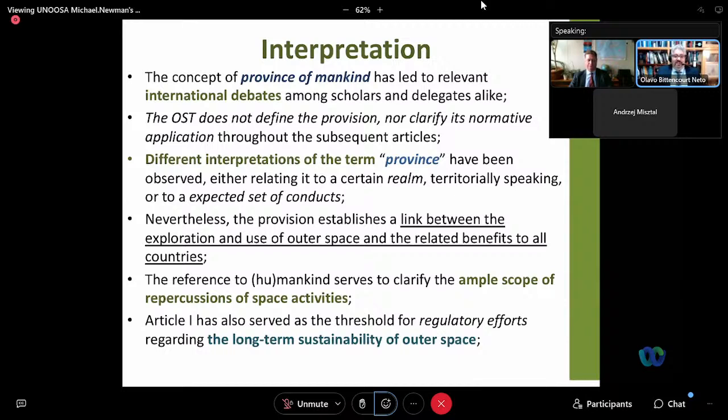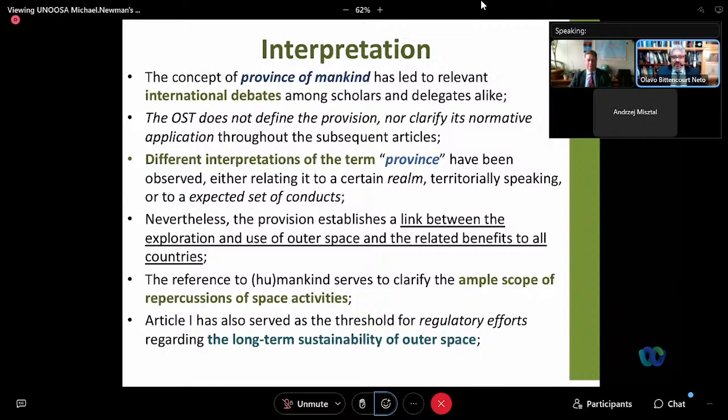And as time goes by, interpretation of even core treaty provisions cannot, and in fact should not, be avoided. That's why we're seeing more and more reinterpretation of the fundamental principles of the Outer Space Treaty, sometimes conflicting interpretation of certain aspects and articles.